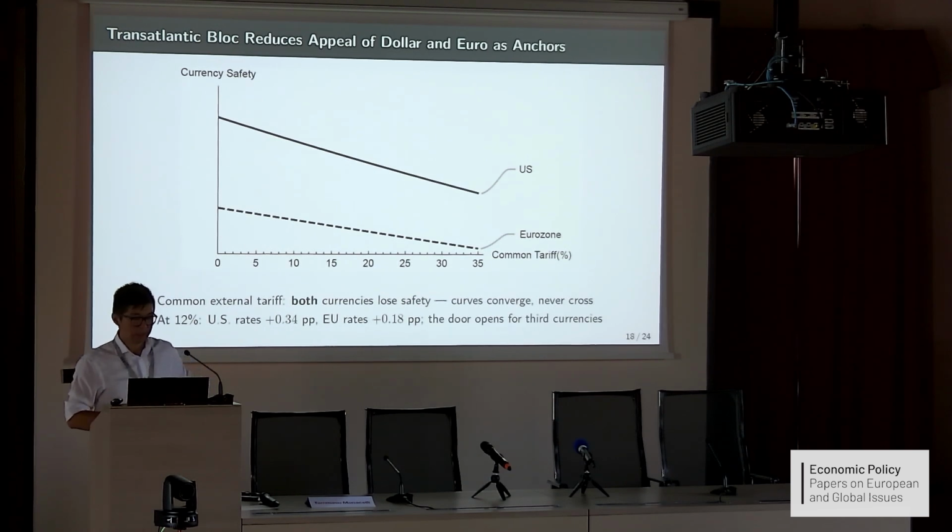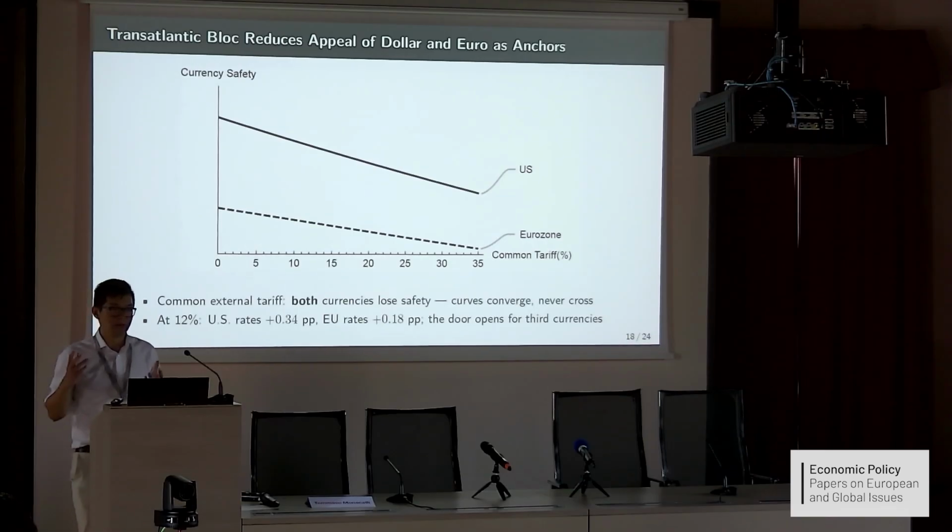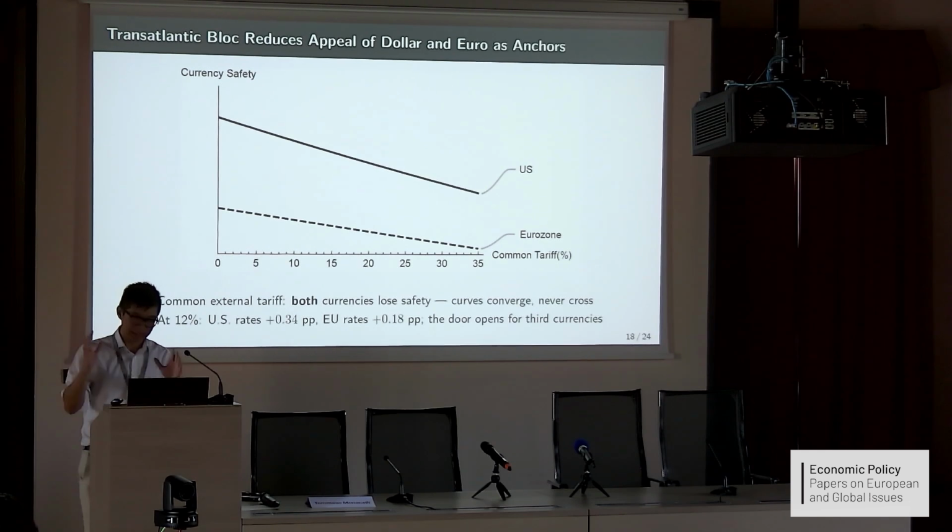A common thing that we might think about is that Europe and America were friendly for the most part, and so suppose the Euro area and the US teamed up and formed a transatlantic bloc, where there was free trade within this bloc, but then we impose tariffs on the rest of the world. The problem is that if you impose common external tariffs, you're effectively shielding the rest of the world, so any country that's not part of the U.S.